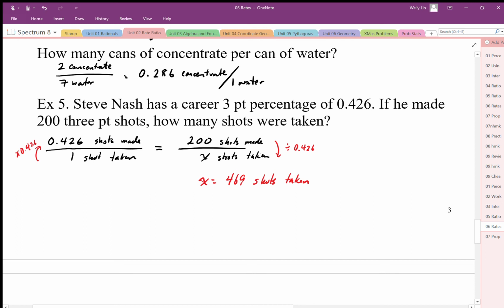But we have also been working on using that times and divide strategy. Okay, so we have 200 3-point shots. And this is where the rate is very useful. If we can keep track of the rates, we can use this times and divide strategy. So we're going to start with 200 3-point shots made.